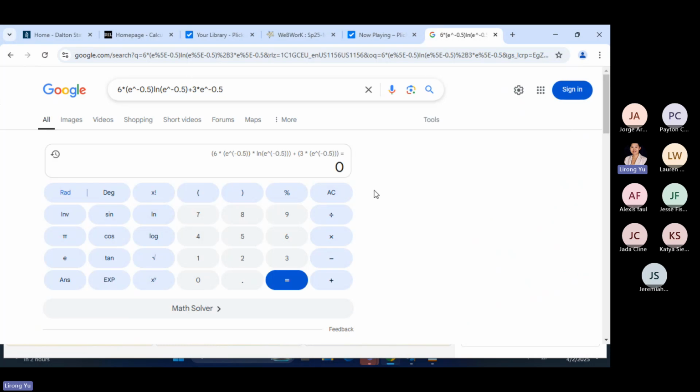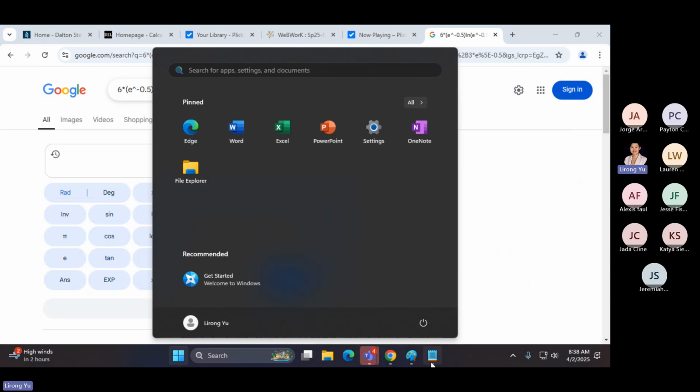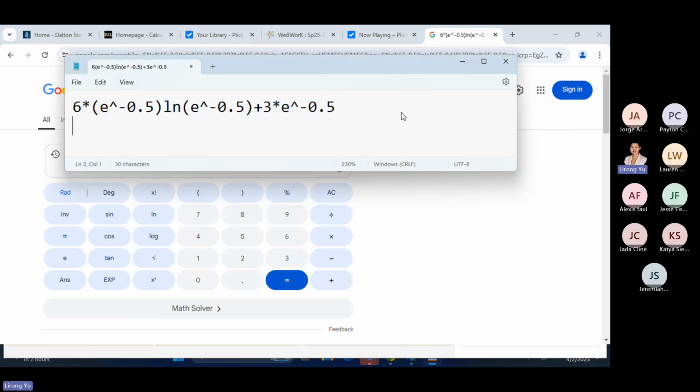So I try to type it out. Equal to 0. All right, let me look at whether it's a special number. Okay, so it is 0. Basically this is equal to 6 times e to the negative 0.5, and then times the natural log, which cancels the e, so that is times negative 0.5, and then plus 3 times e to the negative 0.5.